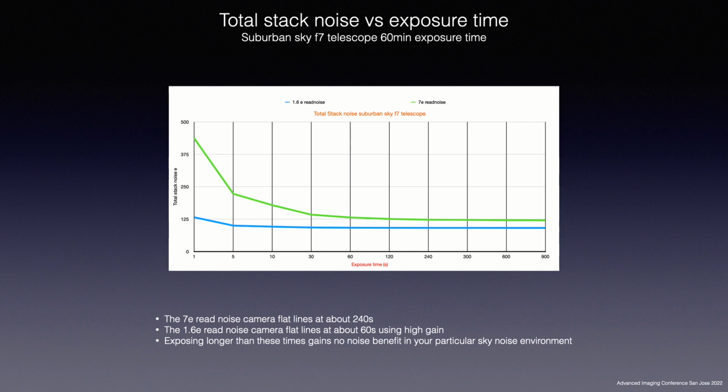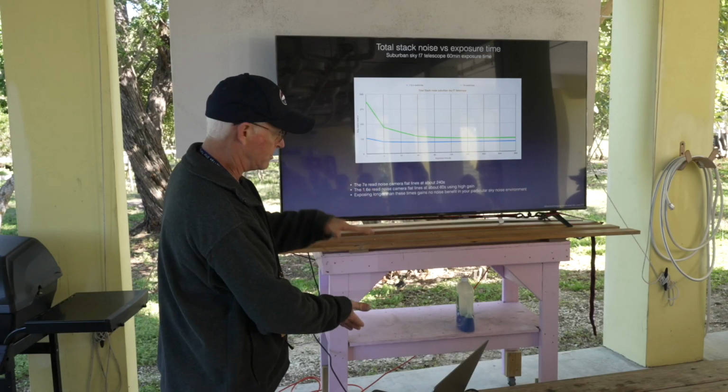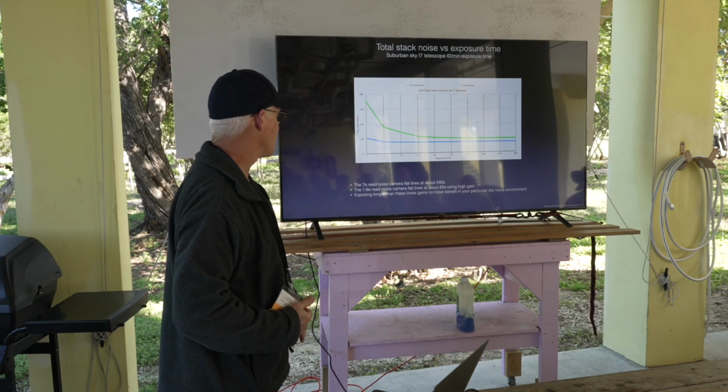Yes. This graph here is for the CMOS, the newer CMOS systems with lower read noise, maybe 1.6 electrons. This flatlines about right in here. So at 60 seconds, there's no reason for me to go any longer than that in this particular case. That's showing you another difference between the two types of systems.